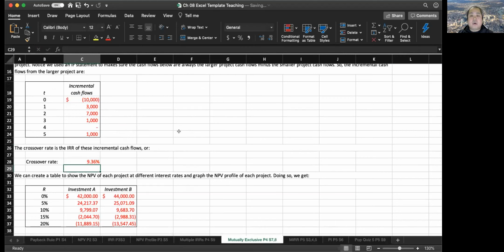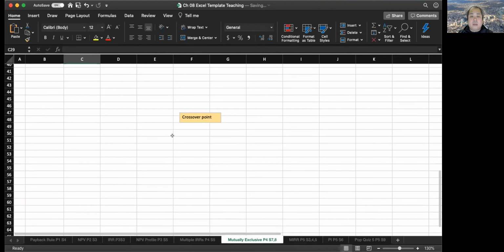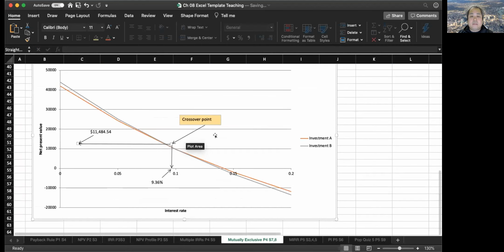9.36% is the crossover rate. Look at the graph. The NPV profiles cross at 9.36%.